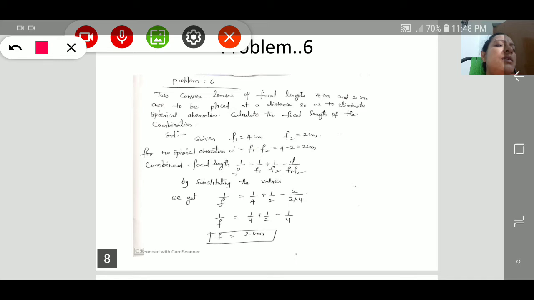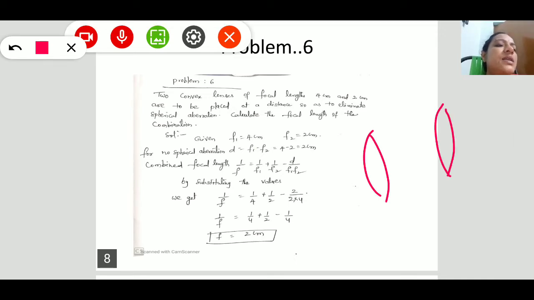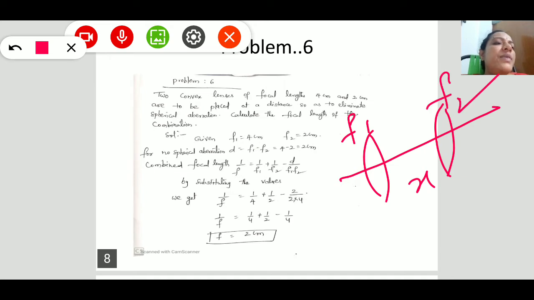For two lenses separated by a distance, the focal length of the combination can be written, taking x as d, as 1 by f is equal to 1 by f1 plus 1 by f2 minus d by f1 f2. So substitute the given values.